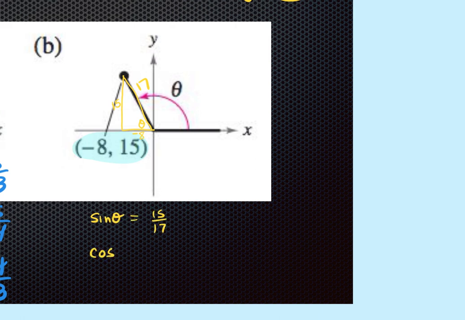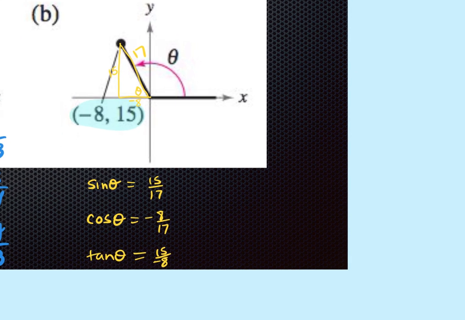The cosine is -8 over 17. The tangent is 15 over -8. That negative can go out front, in the bottom or with the top, it doesn't matter. And then we flip them to get the reciprocals. 17 over 15, -17 over 8, -8 over 15.